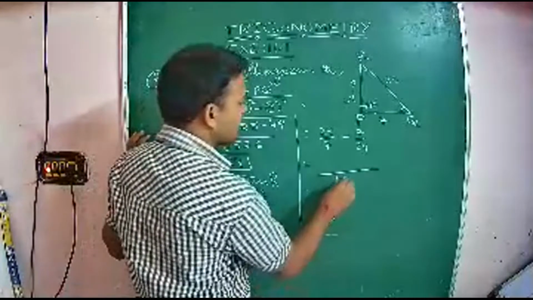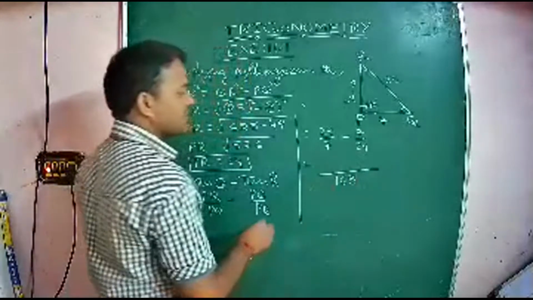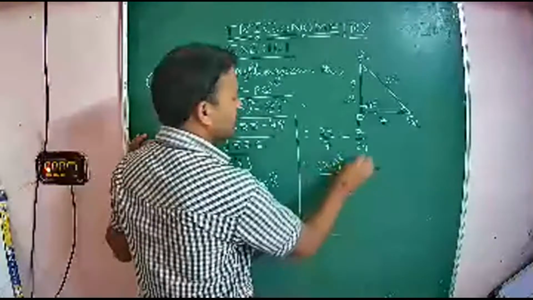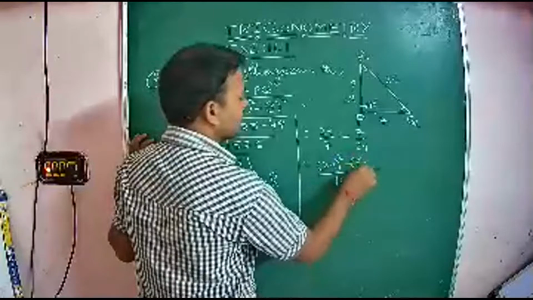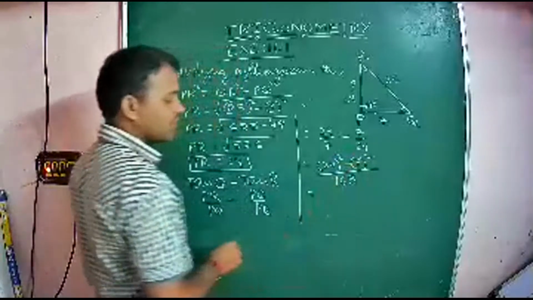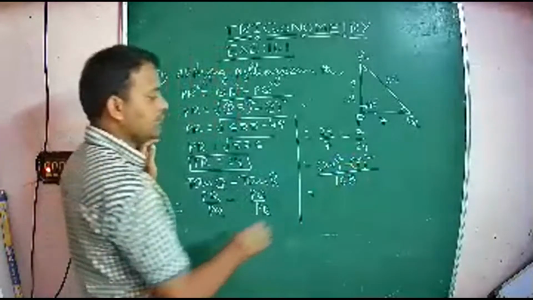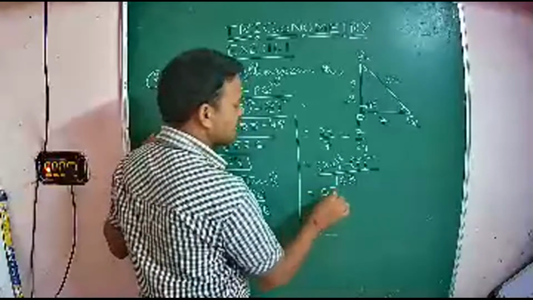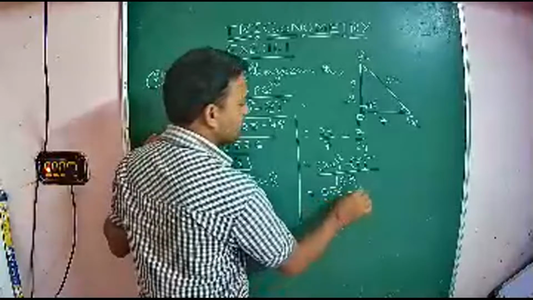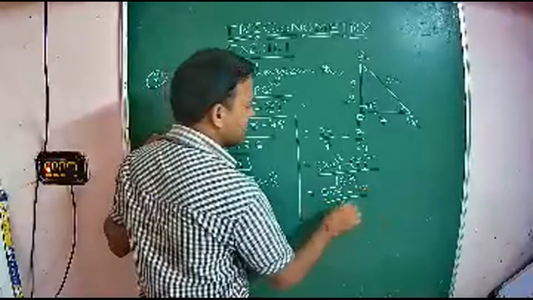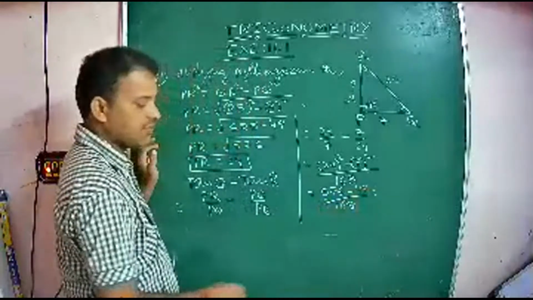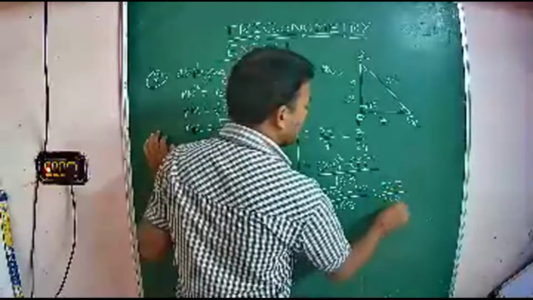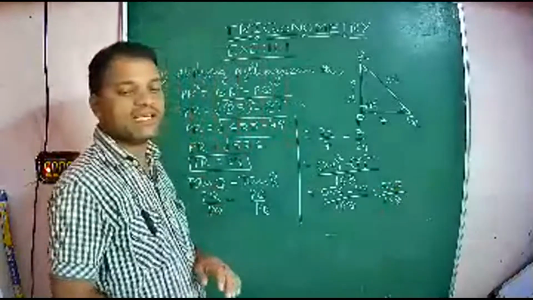The LCM is 168, 24 times 7. So 24 whole square minus 7 square. 24 whole square is nothing but 576, minus 49, by 168. After subtraction, what will we get here? 527 by 168. So that is the final result, students.